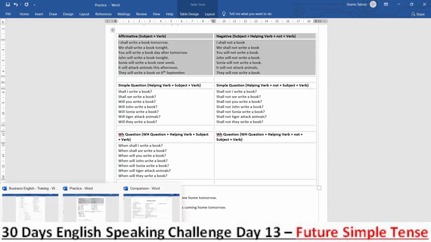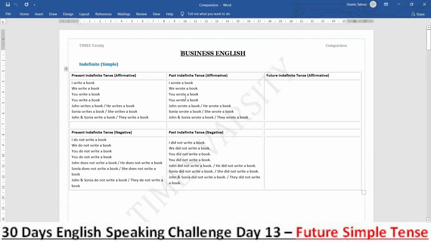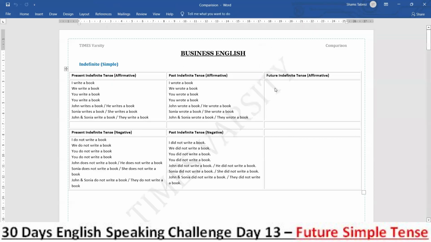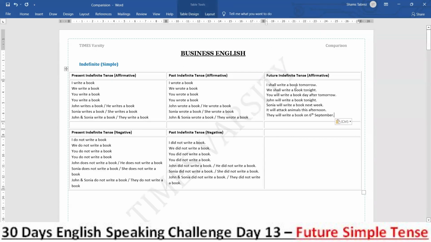Okay, now let's do some comparison. So we already have present indefinite and past indefinite affirmative. So what is the sentence which we just made here? Like, I shall write a book tomorrow. In this case, I will just remove this tomorrow so that it looks the same while doing comparison.